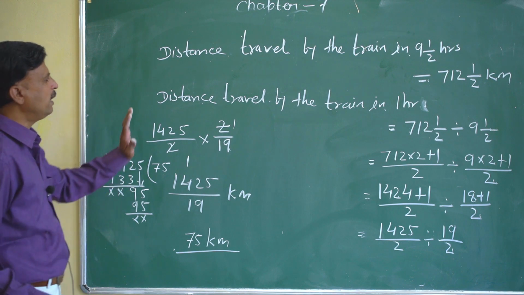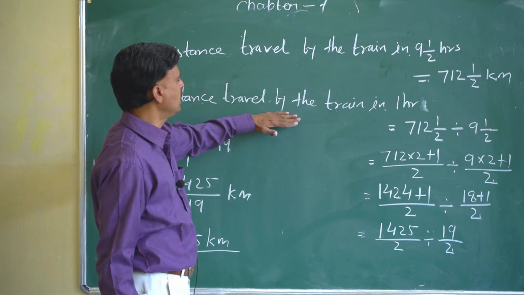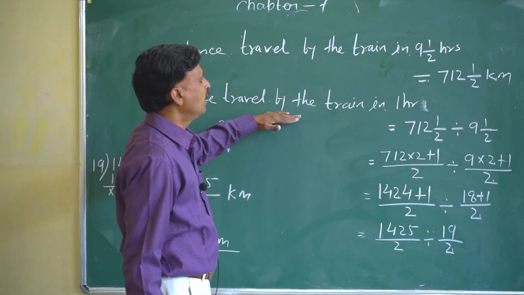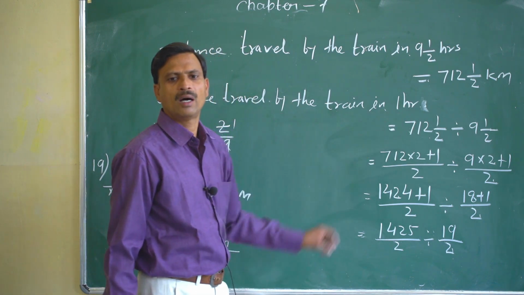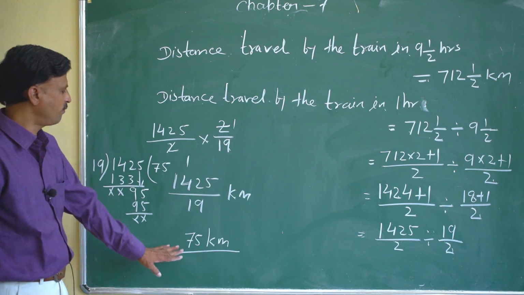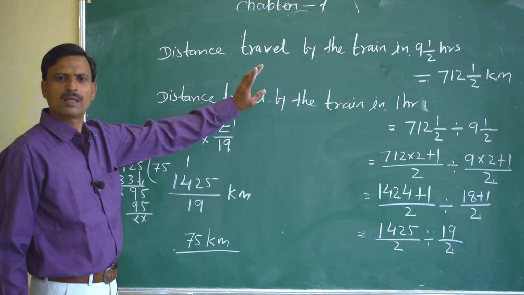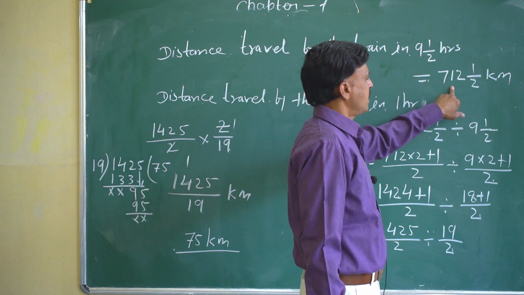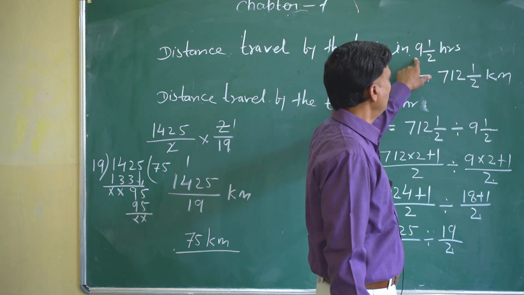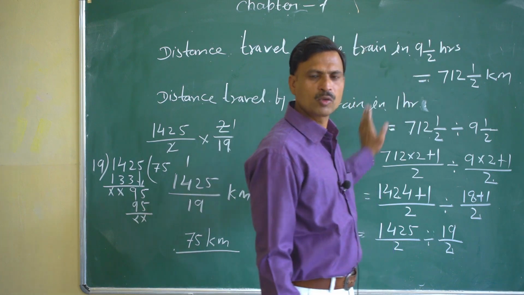So what is coming? 75 kilometer. Means the train can cover, or travels, 75 kilometer in 1 hour, since the train travels 712.5 kilometer in 9.5 hours. So understood?